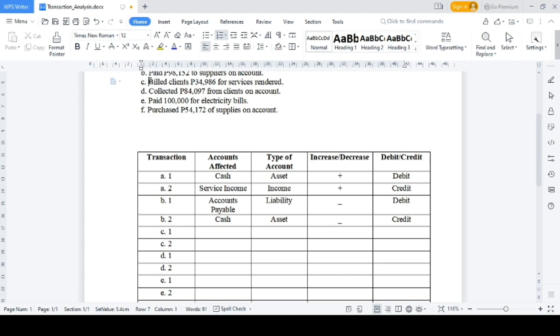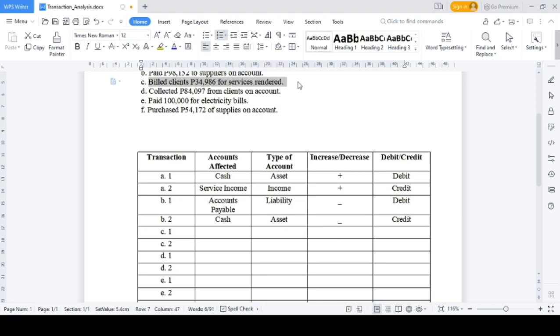Okay, next, billed clients 34,986 pesos for services rendered, meaning the clients will pay them 34,986 pesos for the services rendered by their business to the clients. So the accounts affected in this transaction are accounts receivable and service income.